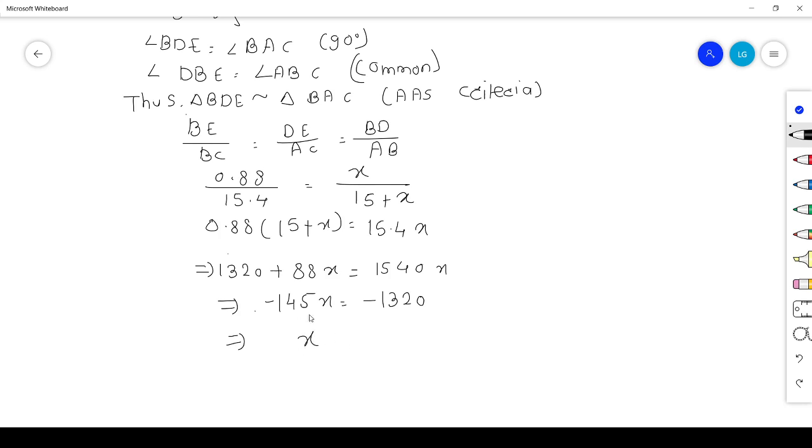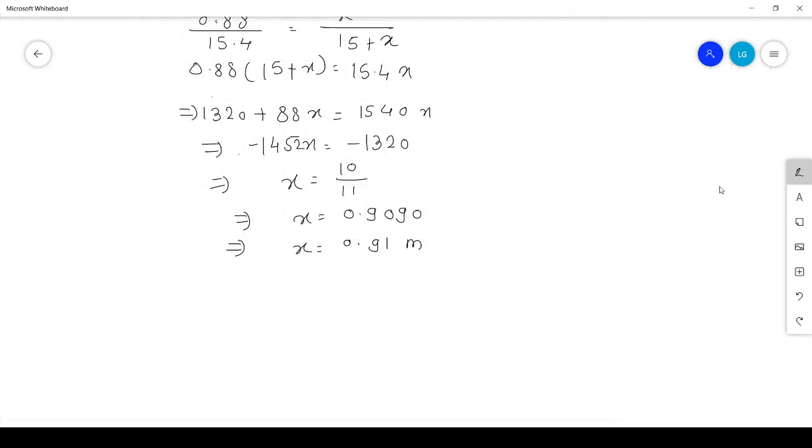So x will be 10 by 11, that is 0.9090. So rounding nearest to hundredths, we get 0.91 meter.